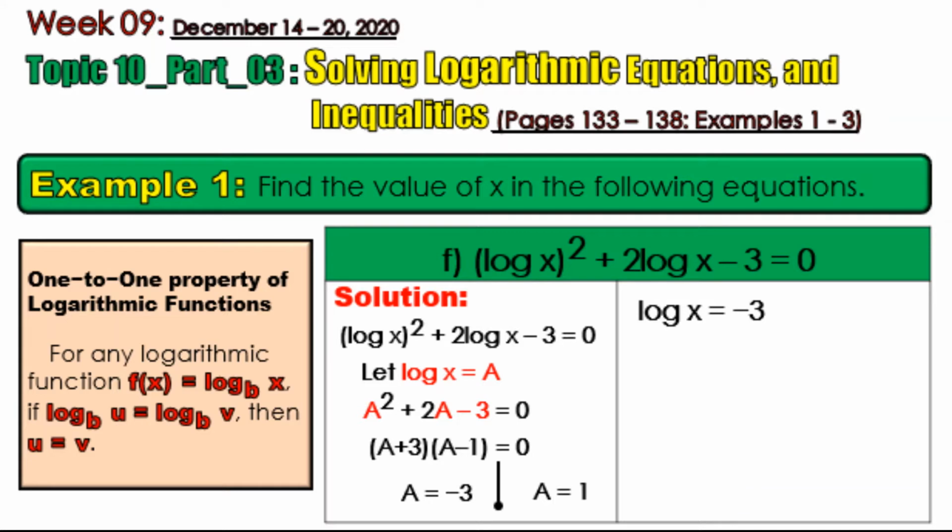The first value, a equals negative 3, means logarithm of x is equal to negative 3. Same thing for a equal to 1: logarithm of x is equal to 1. We will be solving for x.